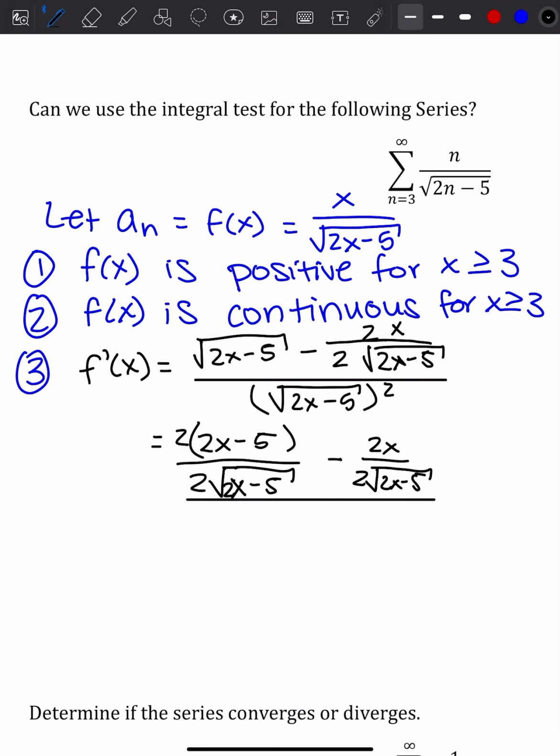The denominator, we have something square rooted and squared, so we get 2x minus 5. Let's see, we get 4x minus 10.